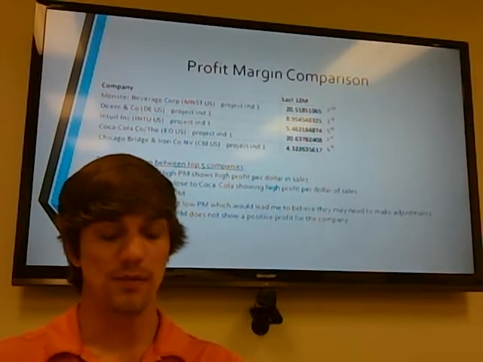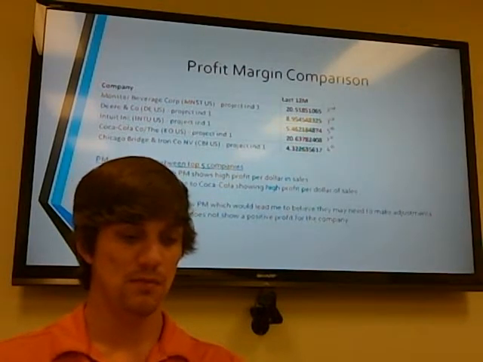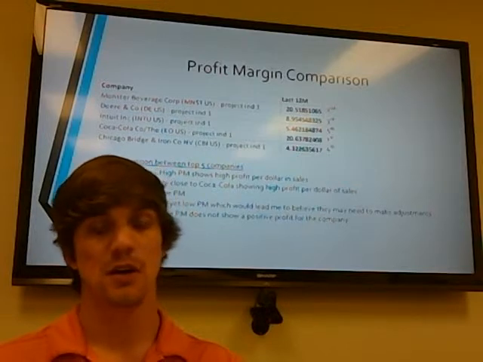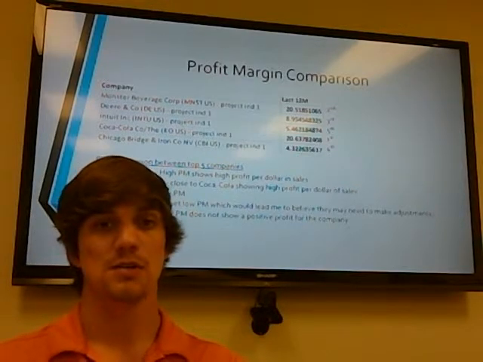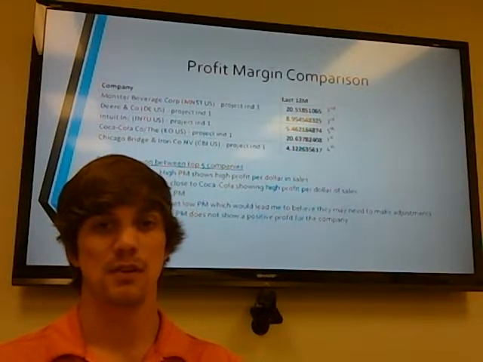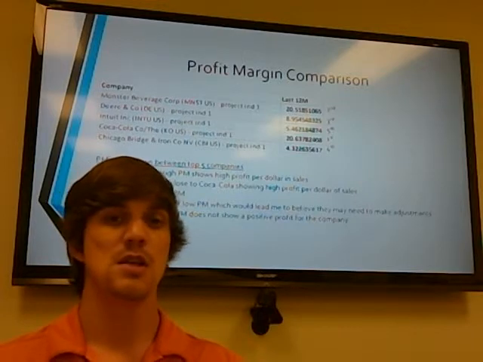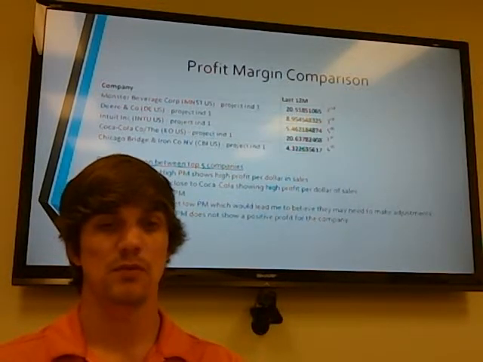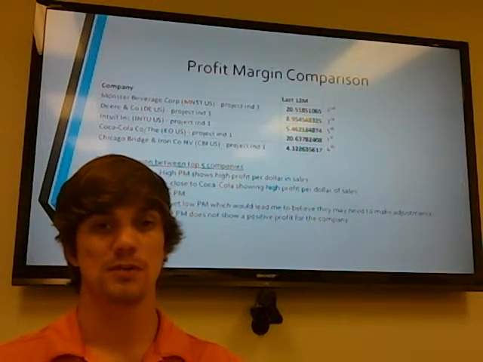Now, the profit margin is how much a company keeps in earnings for every dollar of sales. So, again, I listed the top 5 companies in Excel, and I didn't rank them. Let's see, number 1 on profit margin was Coca-Cola at 20.6.